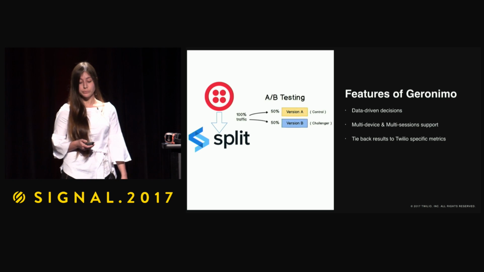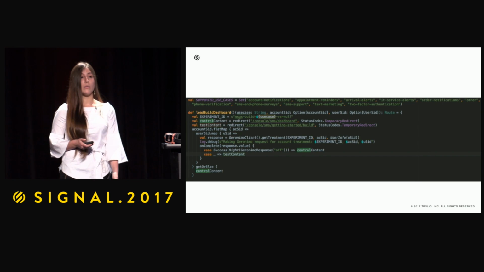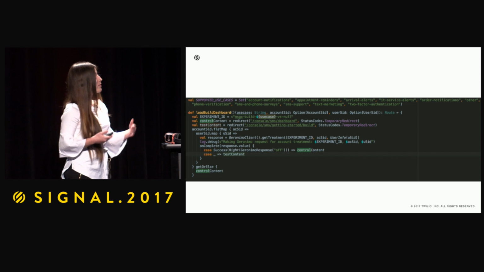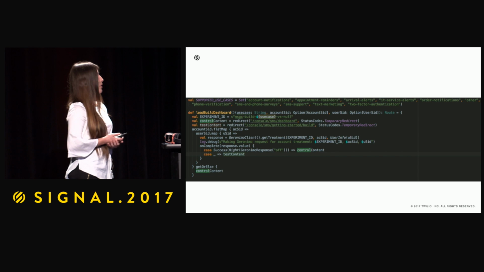So once we got the Geronimo API, the very first thing we had to do is to utilize this API with our onboarding flow. The screenshot that you see here is the Scala code snippet of the high-level onboarding flow, how we use the Geronimo service in our API.